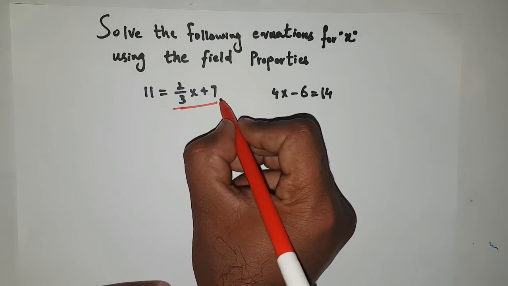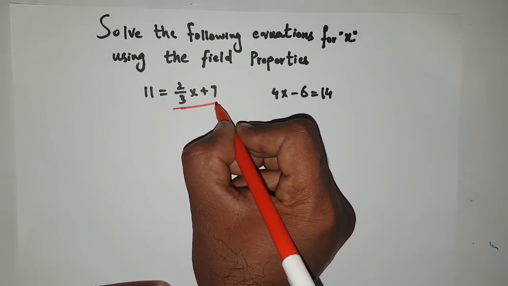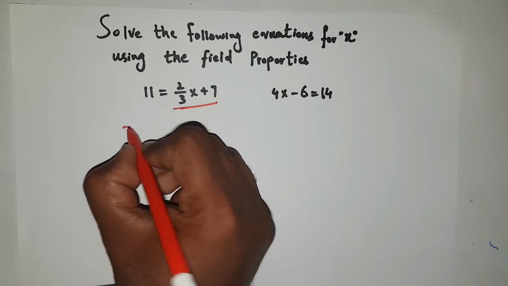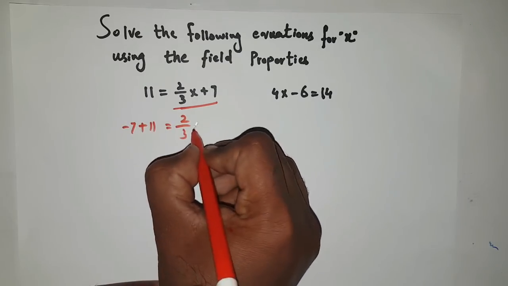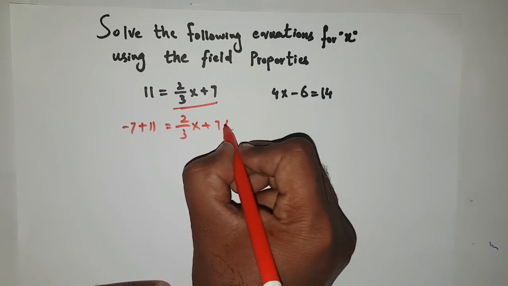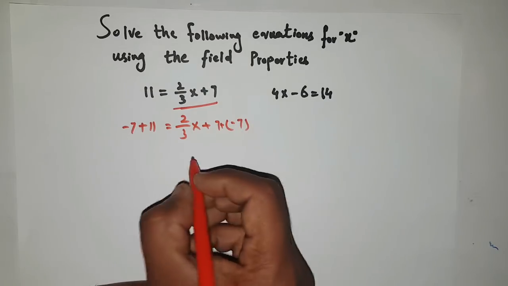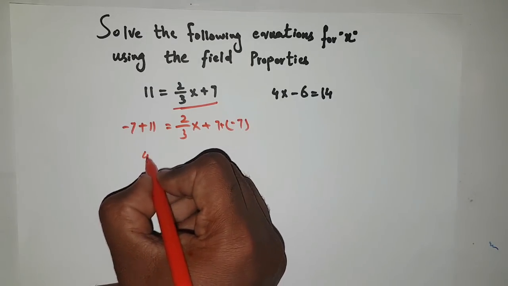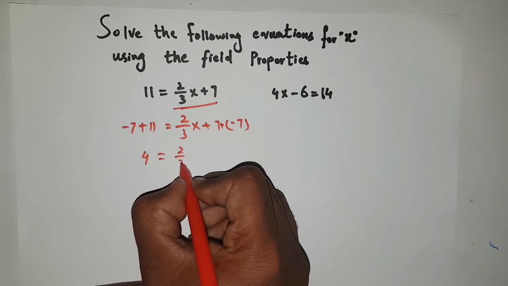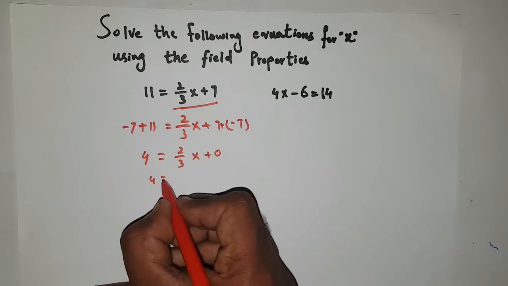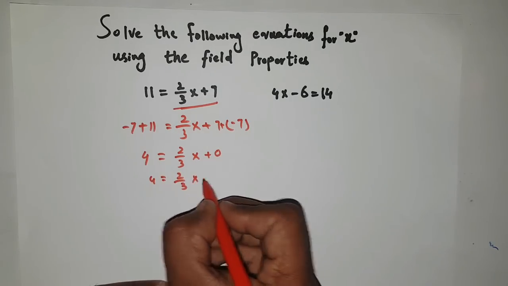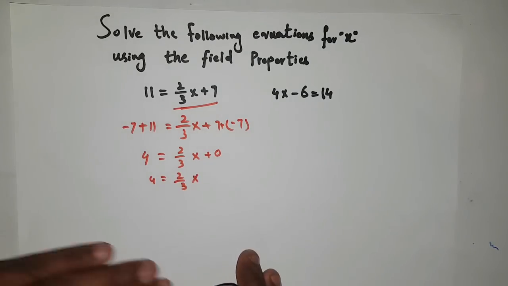First we will remove 7 by adding the additive inverse of 7 on both sides. Minus 7 plus 11 is equal to 2 by 3 x plus 7 plus minus 7, and we will get 4 is equal to 2 by 3 x plus 0, so 4 is equal to 2 by 3 x.